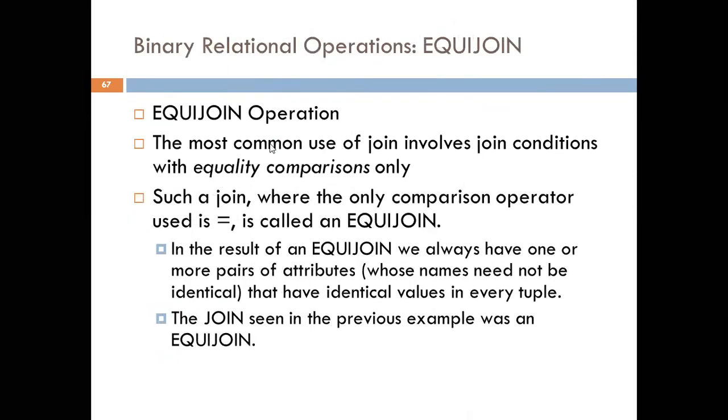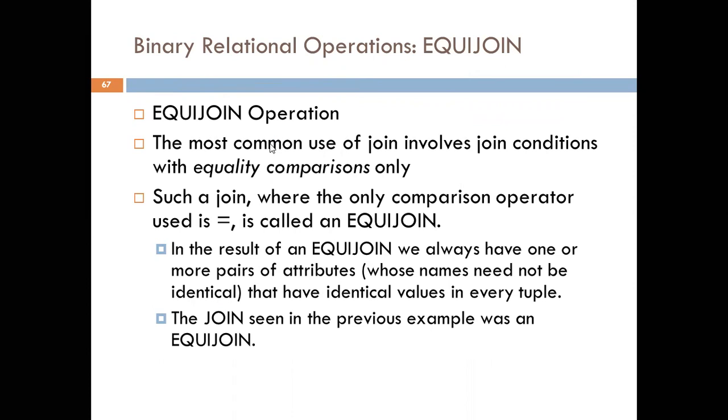Next, another term we have is equijoin. In equijoin, only the equality symbol is used to check the satisfaction of a condition. The most common use of join involves the join condition with equality comparison.